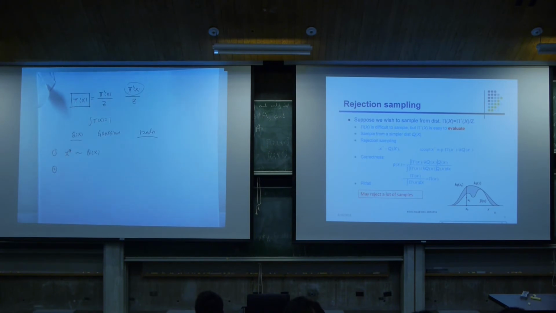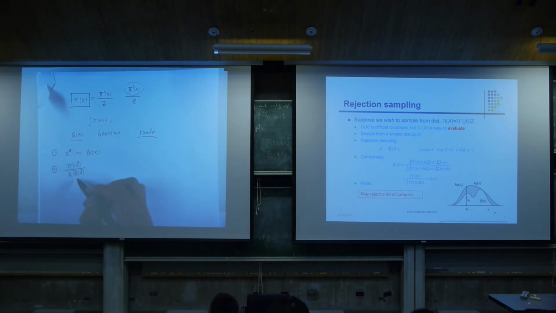If x star is not accepted, then I think it is not a valid sample from π(x). So in the second step, we are going to use a probability to decide whether to accept x star or not. And the probability is defined as π'(x star) over k Q(x star).